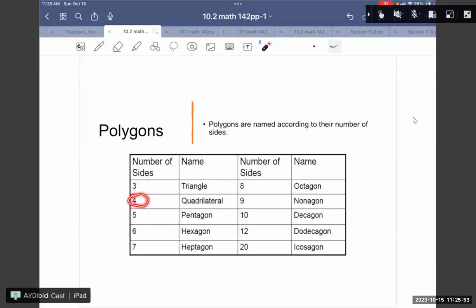Four sides is a quadrilateral, five sides a pentagon, six sides a hexagon, seven sides a heptagon, eight sides an octagon, nine sides a nonagon, 10 sides a decagon, 12 sides a dodecagon, and 20 sides an icosagon.